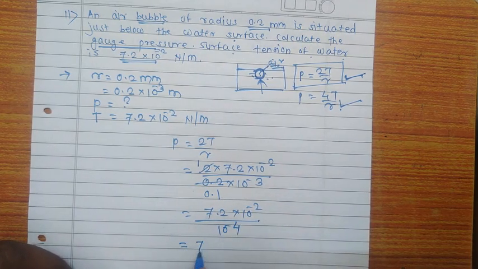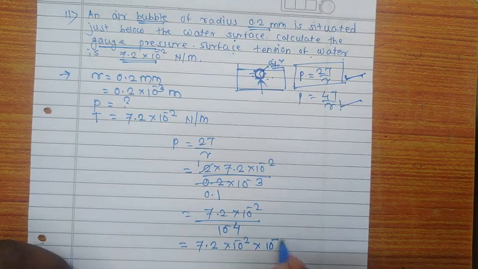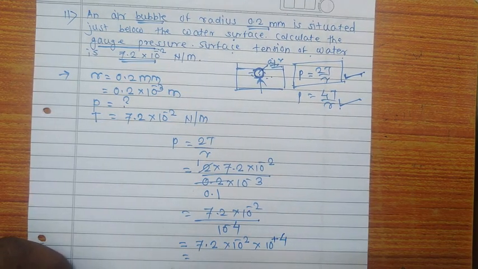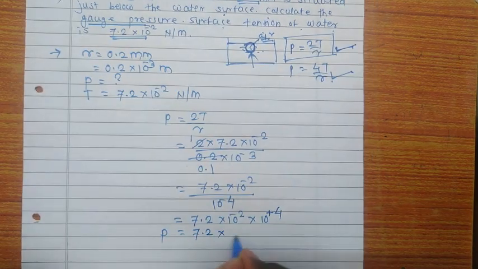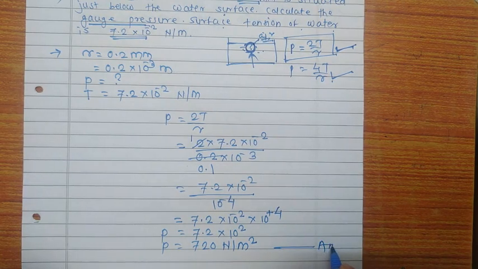So our final answer is 7.2 into 10 raised to minus 2 into 10 raised to minus 4, shift this to the numerator, it will become plus 4. So the excess pressure P is equal to 7.2 into 10 raised to 2, which will be equal to 720 Newton per meter square. This is the excess pressure.